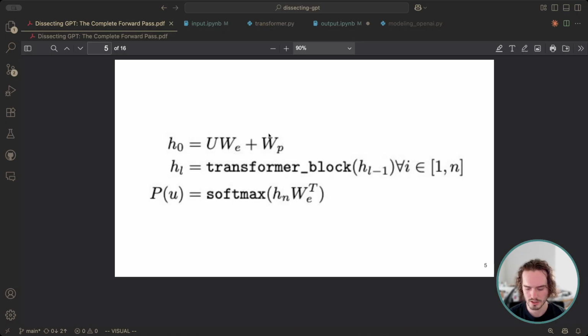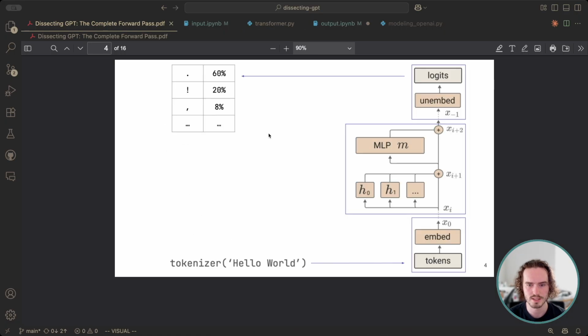So going back to our diagram here, now we can understand everything. We convert to tokens, and then we get our token and positional meaning for those tokens. That goes onto the residual stream.